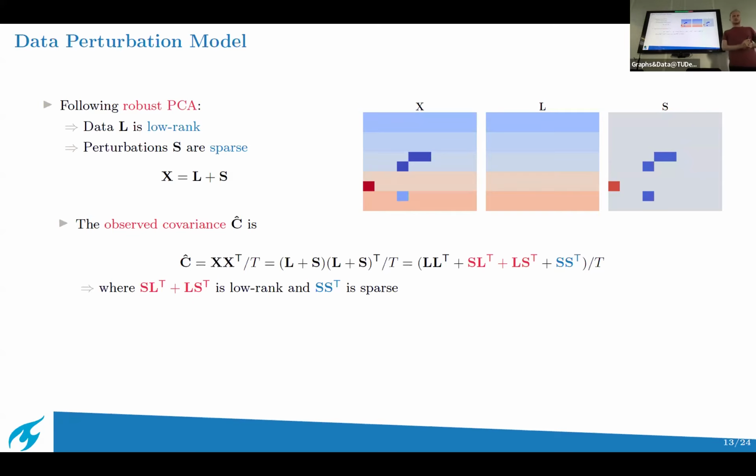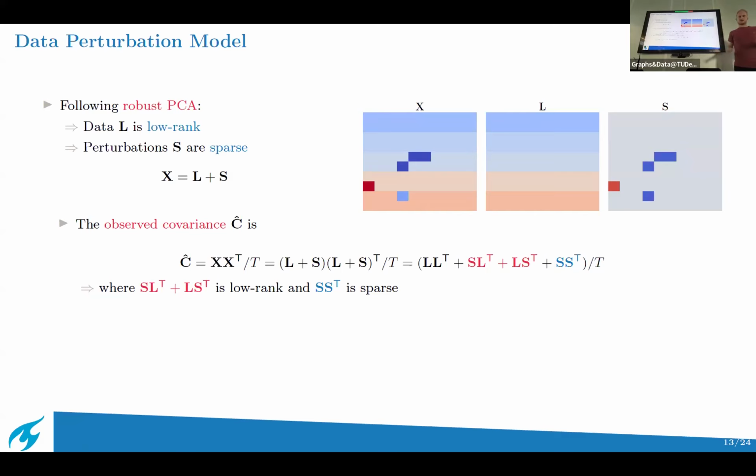And if we look at what the covariance looks like for this model, we just compute it, right? And then we end up with this expression where LL transpose is the true covariance that we would like to work with. And these terms here are the perturbations due to the outliers. So basically we have one term, this red one, which is low rank because the rank is dominated by L, right? And one SS transpose, which is sparse.